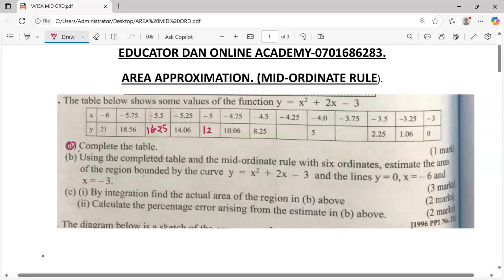When x is negative 4.25, y is 6.56. And when x is negative 3.75, y is 3.56. Once we have done that, we have completed part A of the question.